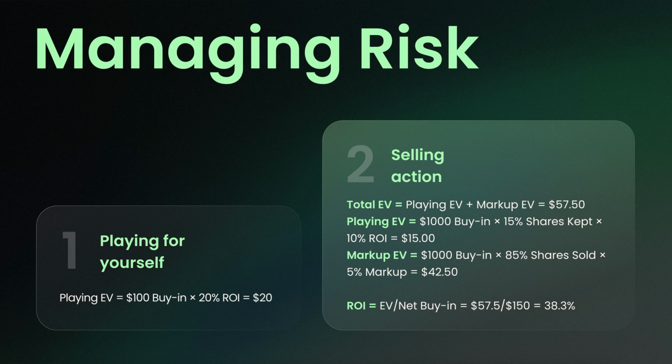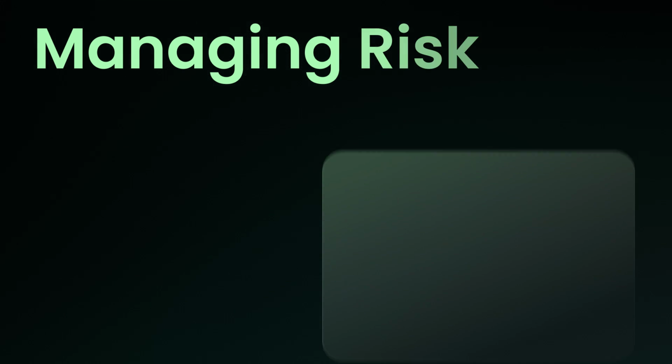Also worth considering is the fact that of this $57.50, $42.50, the EV of the markup, is actually risk-free. So this is even a more attractive income stream than the EV that you generate through your own play.